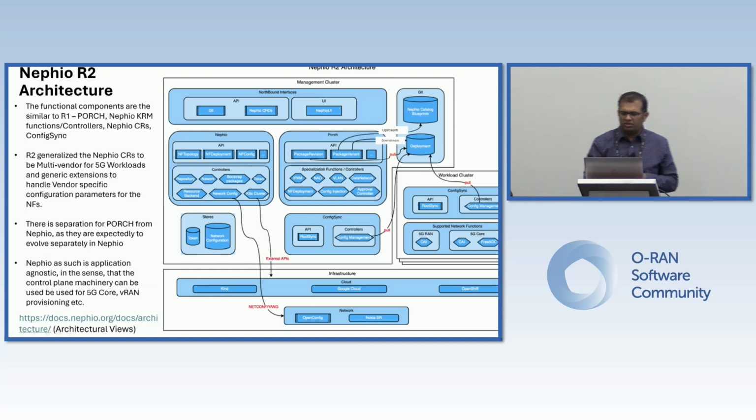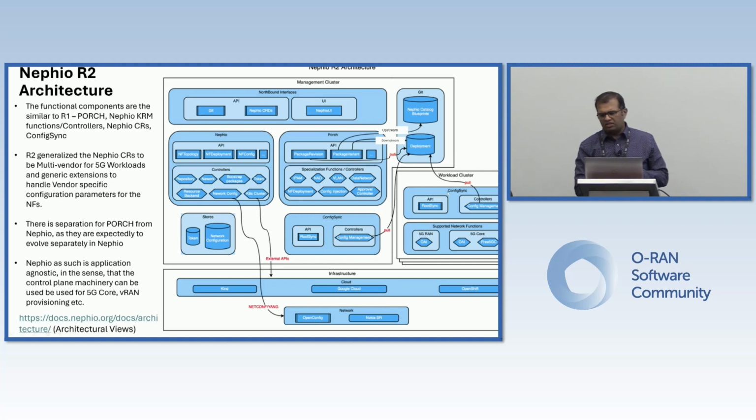And then you have a bunch of other functions that were developed as part of R1 and into R2 to support workload cluster orchestration. You have something like Config Sync, which does the GitOps functionality for getting the packages into the management cluster.